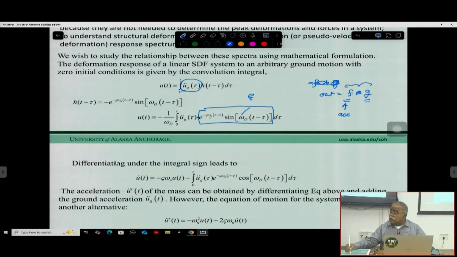Please remember this is omega d. So omega d will be equal to omega n into the square root of 1 minus damping squared, right? You have to put that here, and this will be 1 by omega d, and do not forget this is the minus sign.